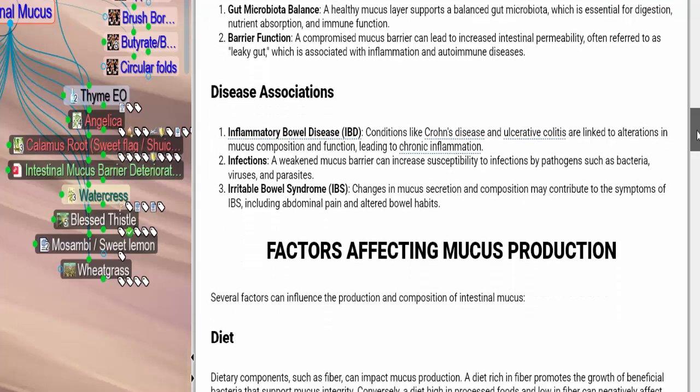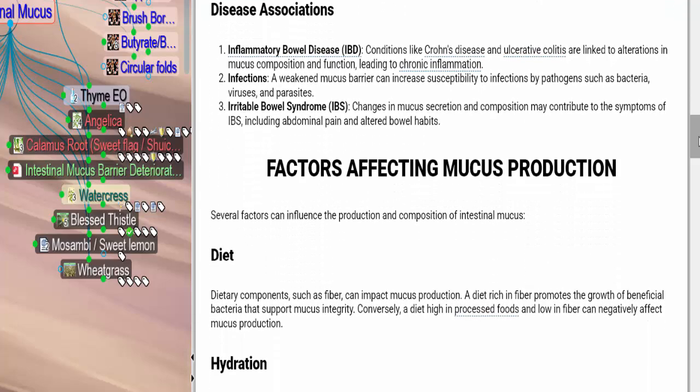As far as its disease associations, it's linked to inflammatory bowel disease. Things like Crohn's disease and ulcerative colitis are linked to alterations in mucus composition and function, leading to chronic inflammation. Infections.